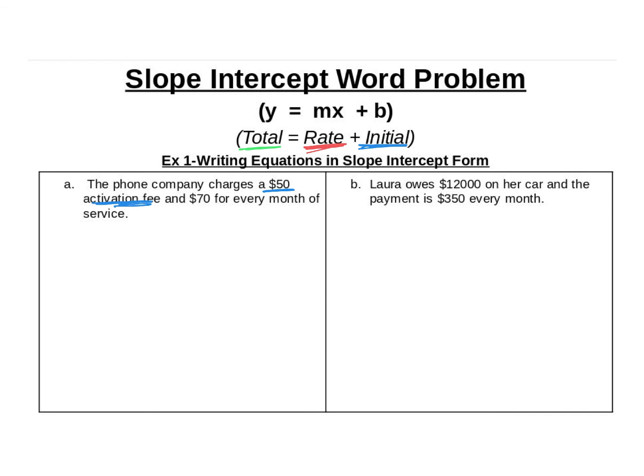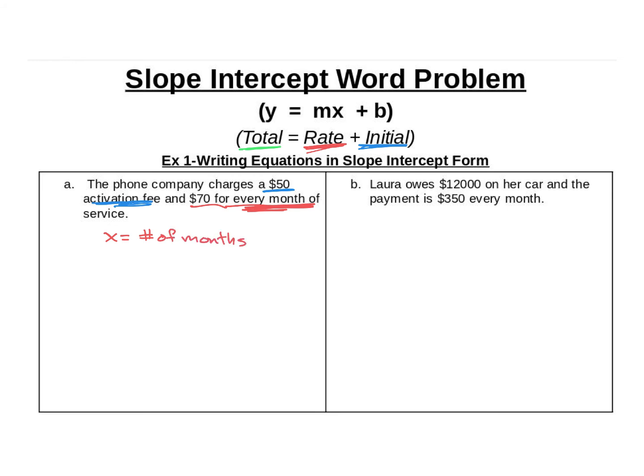Once we look at the $70 for every month of service, well, that's starting to sound like a rate, $70 per month. So when we look at X, this is going to be for every month. So your X is going to represent your number of months.